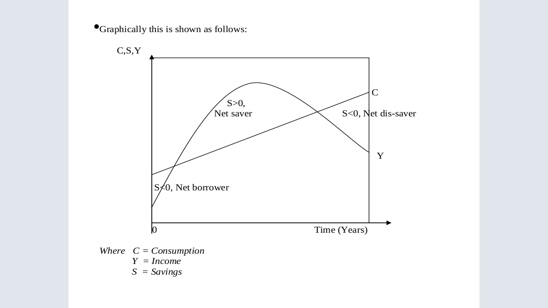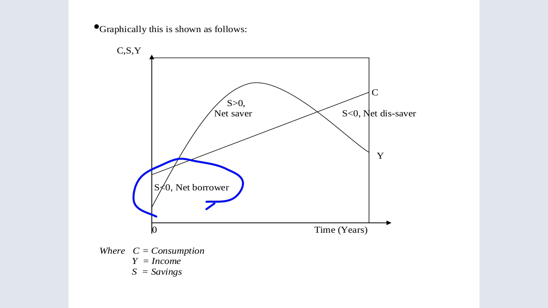Now, we have three levels. Savings is less than zero. If your savings is less than zero, then the individual is simply a net borrower. This part here, the individual is simply borrowing to consume. At that level, you can see where the consumption function is and where the income function is.